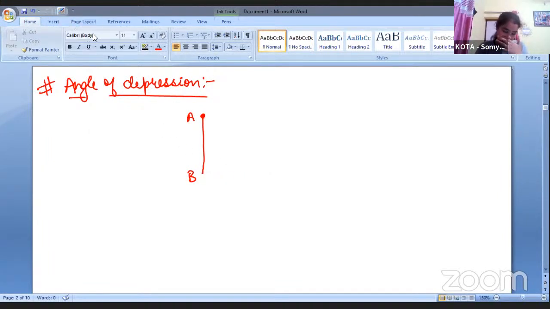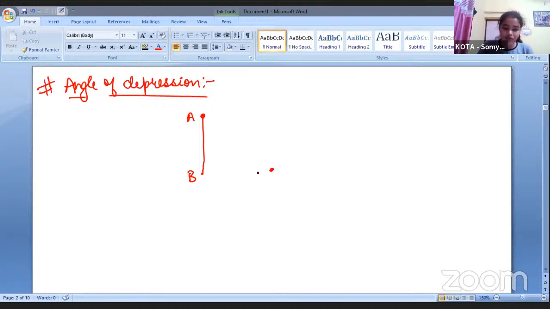Okay, so this was the tower AB. Now Krishna is standing over here at the top of the tower. Here is a point C. Now he is watching from the top of the tower to this point on the ground.